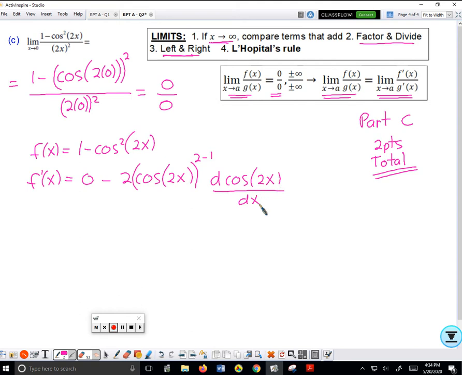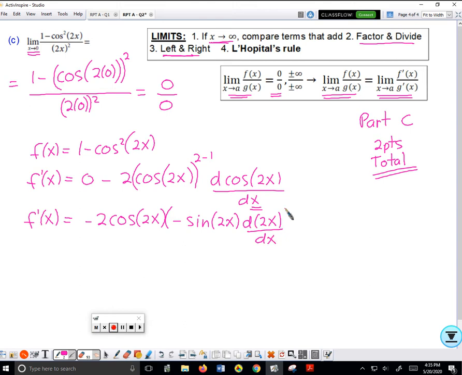You always take the derivative in terms of the input variable, or in L'Hopital's rule, in terms of the limiting variable. So now you have f prime of x must equal negative 2 cosine of 2x. The derivative of cosine is negative sine of 2x. You can do a lot of this in your head. You don't have to write it all out. Just doing that for the video.